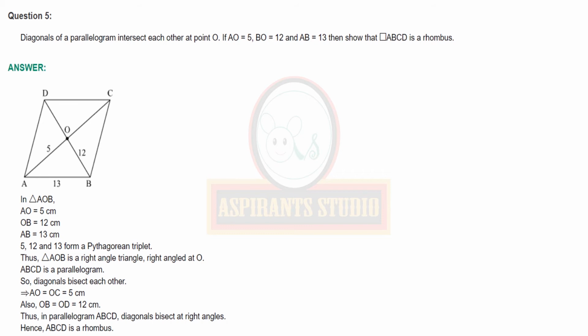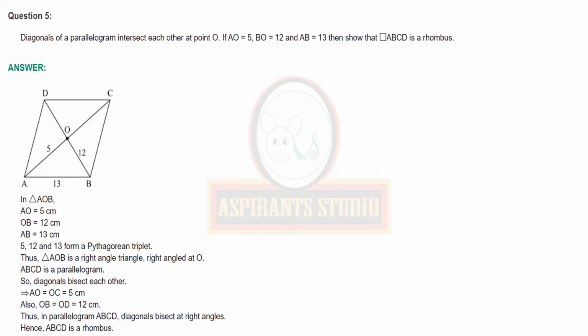Now look at these numbers 5, 12 and 13. They form a Pythagorean triplet because 13 square is 169 and the sum of the squares of the other two numbers will be 5 square plus 12 square, which is 25 plus 144, that is also equal to 169. Out of 5, 12 and 13, 13 is the largest number, so you have to find the square of the largest number. So 13 square is 169, keep in mind.